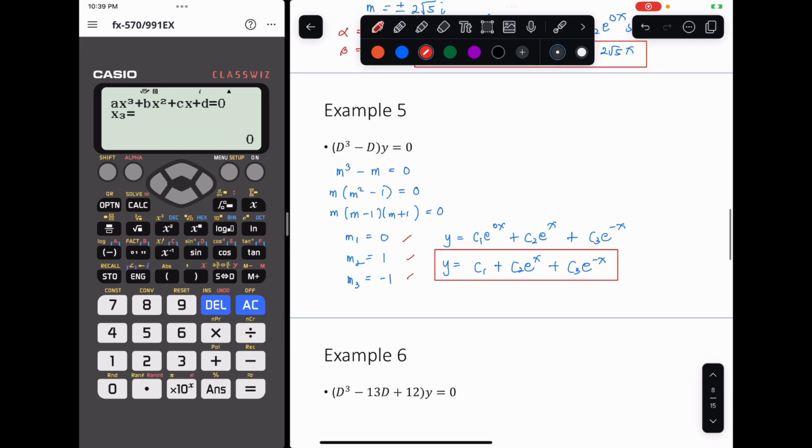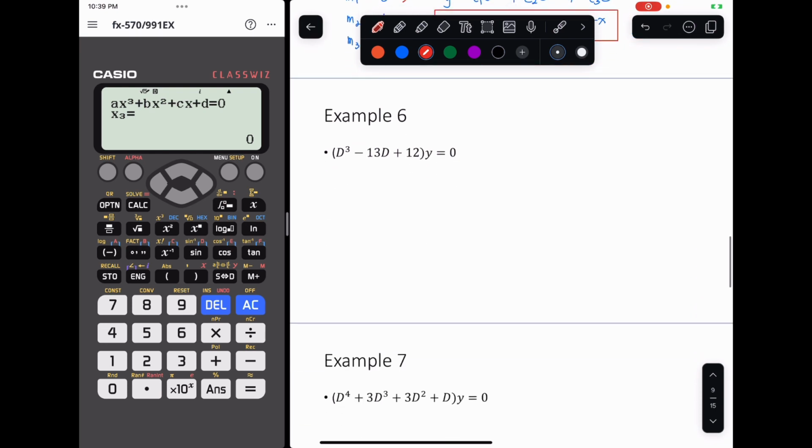m is common. But for this example number 6, I do have d cube. So it will become m cube, then minus 13m, then plus 12 equals 0.